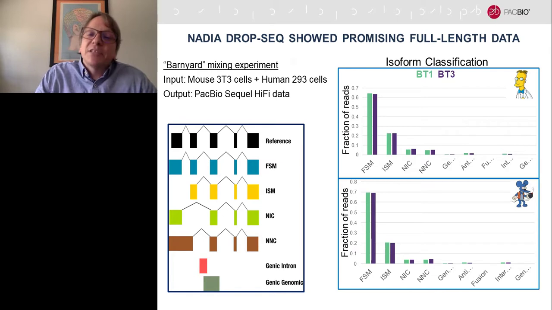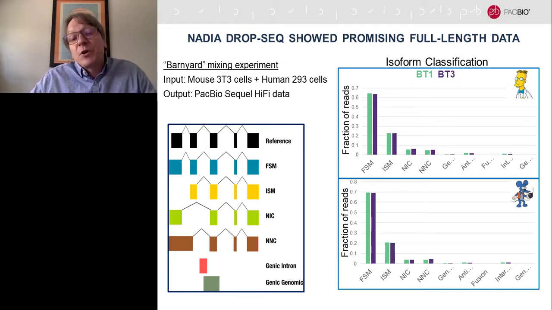You can see on the top here with 2 different samples, we saw that many of the human transcripts were a full splice match, and we also saw that of the mouse ones. So it's really nice that mouse and human have pretty deep annotations. And then we saw incomplete splice match and these novels that showed up at the lower levels. This is very similar to what we see when we take a high-quality RNA sample and perform bulk Iso-Seq. So we were quite encouraged by these results.